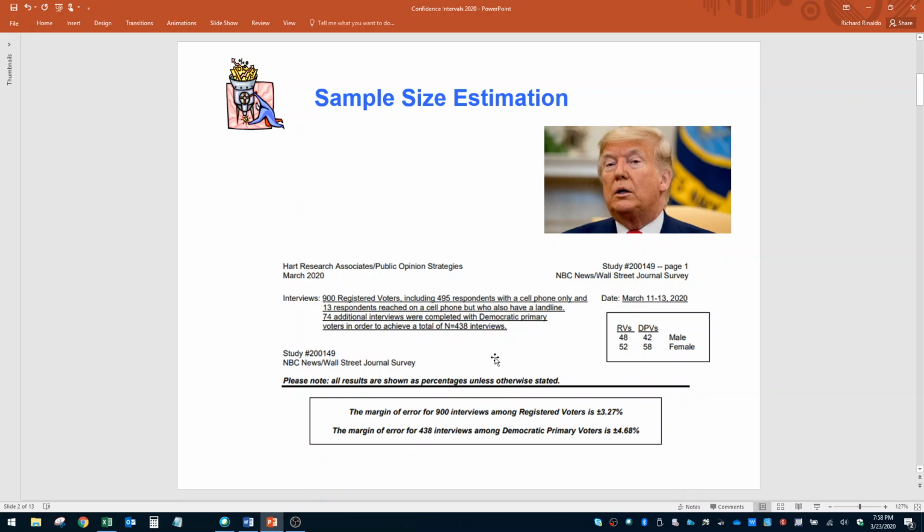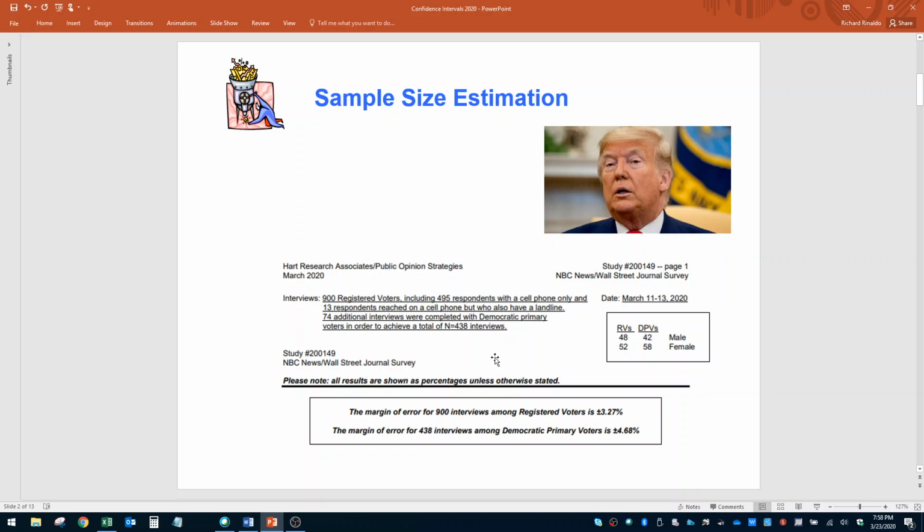I'm going to assume the opposite, 57% saying they would not vote for him. That was published by the NBC News Wall Street Journal, and the poll itself was run by Hart Research Associates.